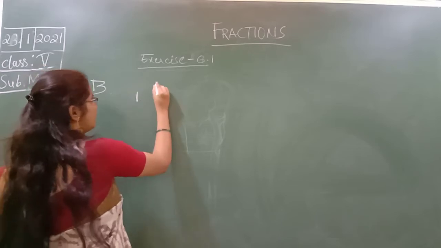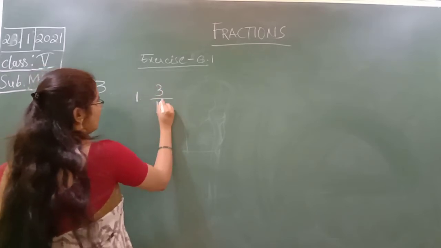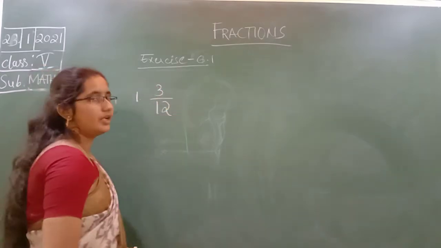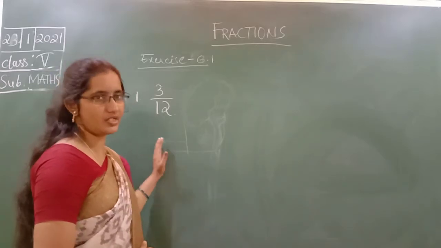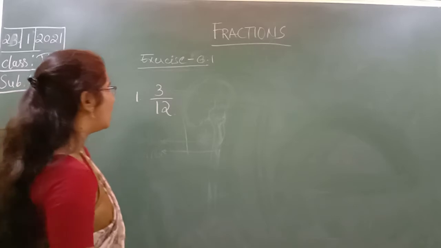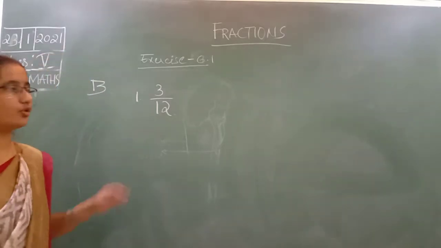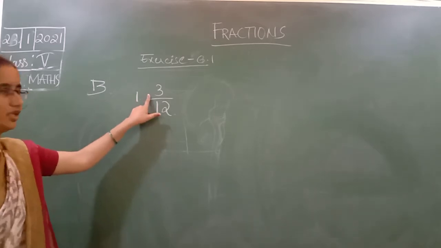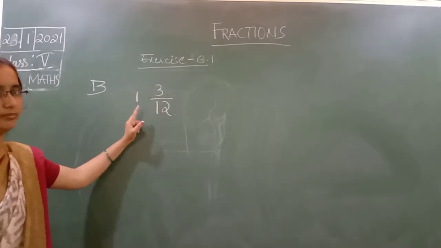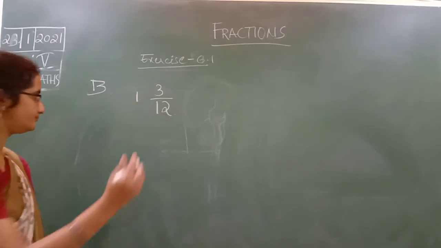First one we will take. We have to get two equivalent fractions for this. How will you get them? To get the lower terms, we have to divide. We have 3 here. We will divide 3 by 3.